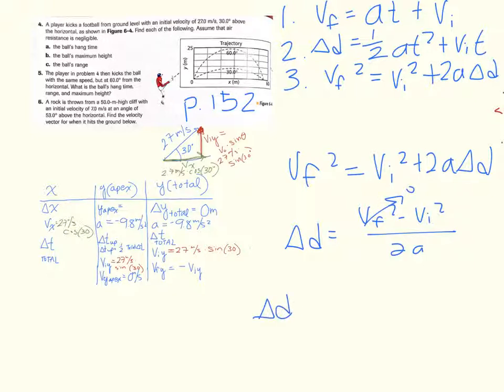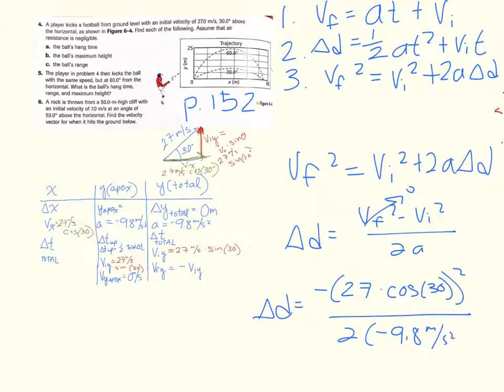So I get delta d is equal to negative 27 times the sine of 30 squared divided by 2 times negative 9.8. And then my change in position is equal to 9.298, or about 9.30 meters. So there's part B.